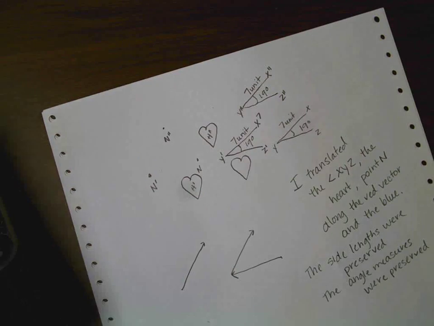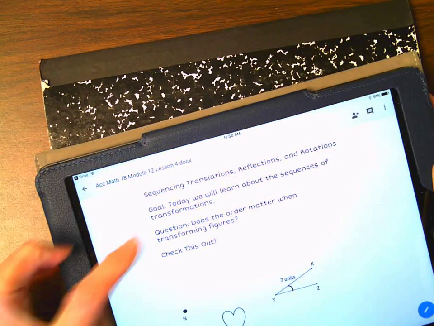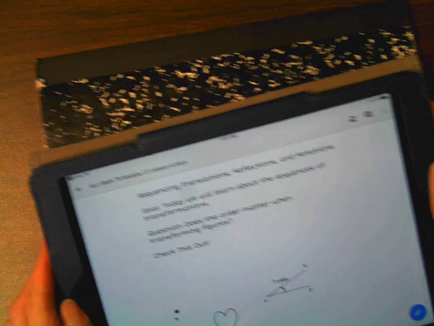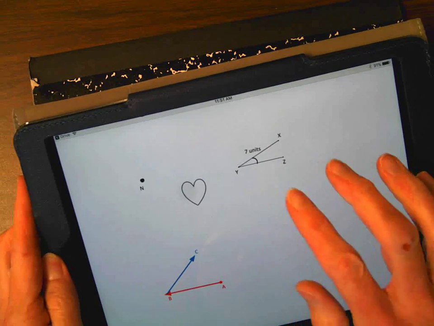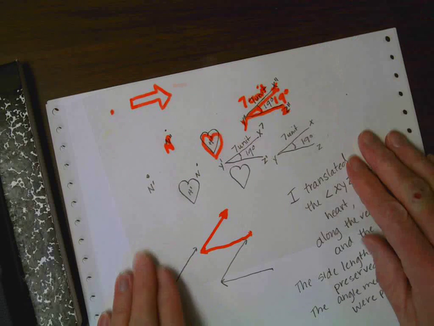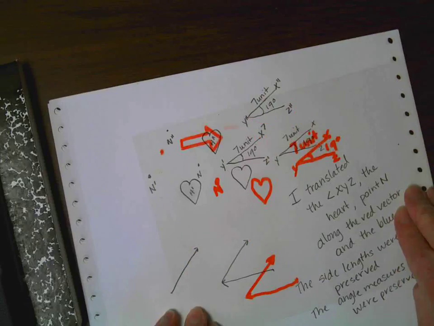So this is what we're talking about in our lesson today. Some of you are going, Mrs. Nelson, that's a lot of writing. Yes, it is, but we're trying to teach you how to be precise. And sequencing does matter, because if you don't go in the correct order, so if we did the red vector first, this is where we ended up, clear up here. So if we take the red vector first, and then we went down, do we end up in the same spot? Look at my transparency.